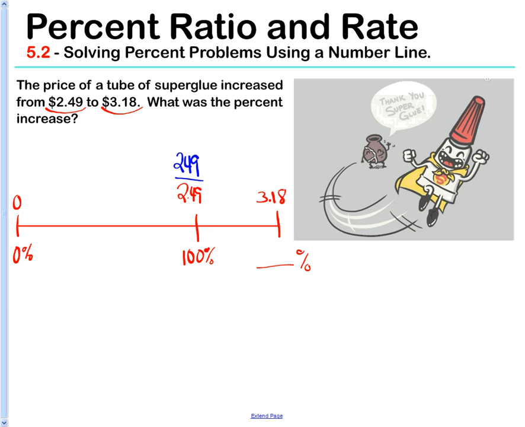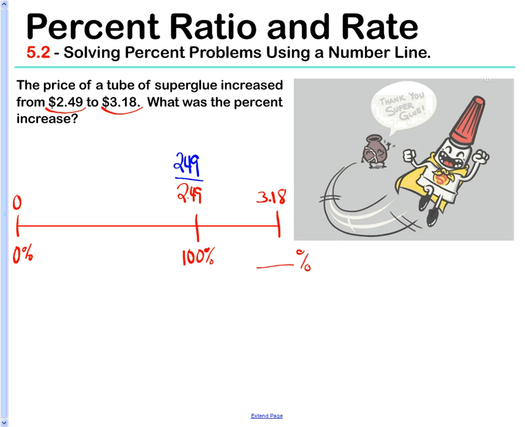Not 2.49, because the 2 here represents dollars and the 49 represents pennies. Realistically, does it make a huge difference in the way your number looks? Not huge, but it does make a difference in your understanding, and you want to make sure that you always know what you're talking about.